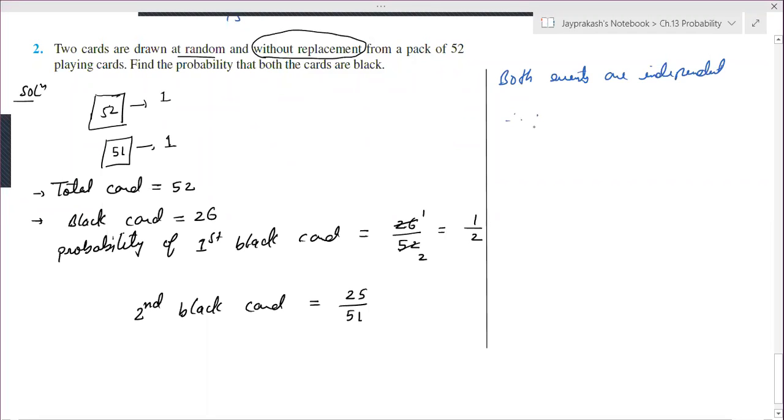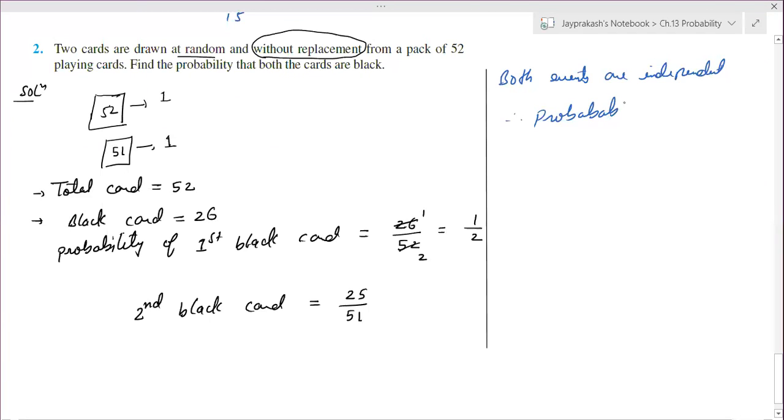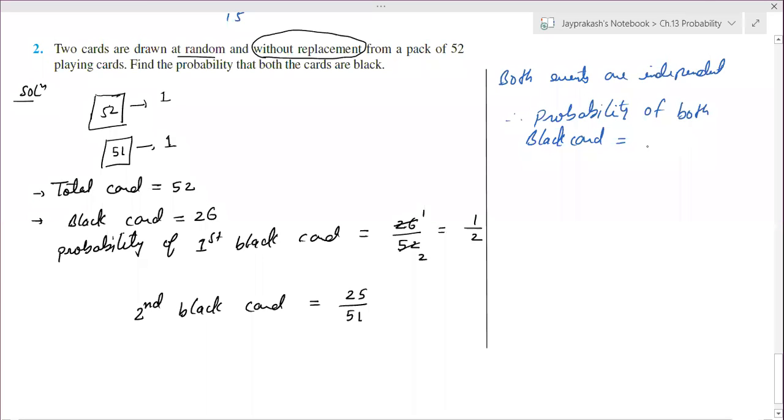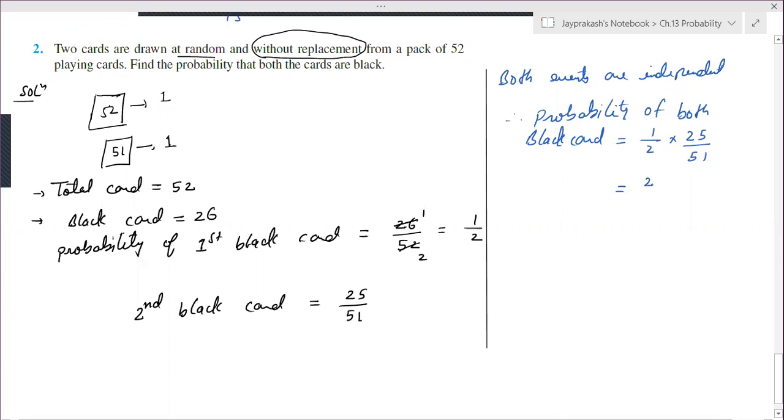Therefore, the probability of both black cards will be 1 by 2 multiplied with 25 by 51. So the final probability is 25 by 102.